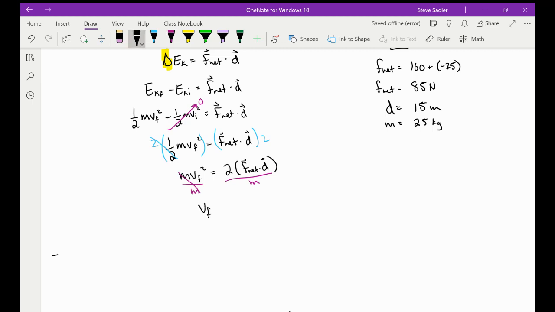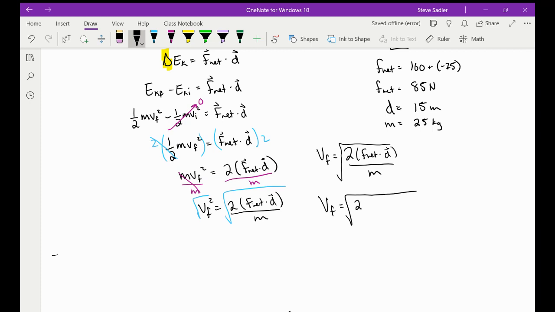So now I have Vf squared is equal to 2 multiplied by F net multiplied by displacement all over the mass. And then obviously my last step here is to square root. So I have V final is equal to the square root of 2 multiplied by my net force multiplied by my displacement all over my mass.